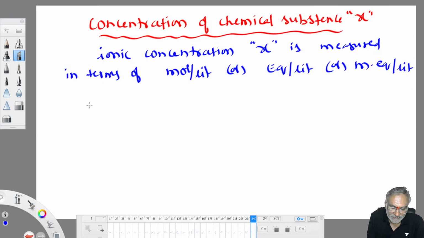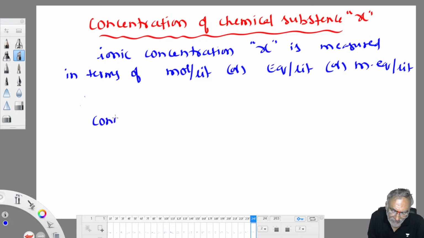So how to convert this? Just now we discussed how to convert moles per liter to milligram per liter and milligram per liter to moles per liter. If ionic concentrations are given in milligram per liter, they have to be converted into moles per liter before we carry out mathematical calculations. That's the point you have to remember.